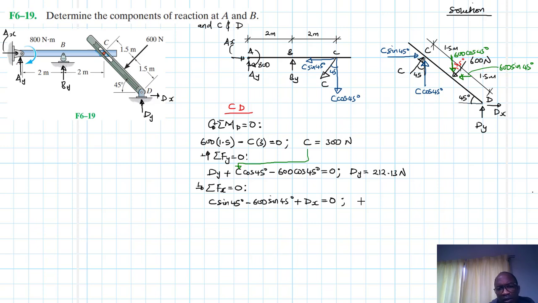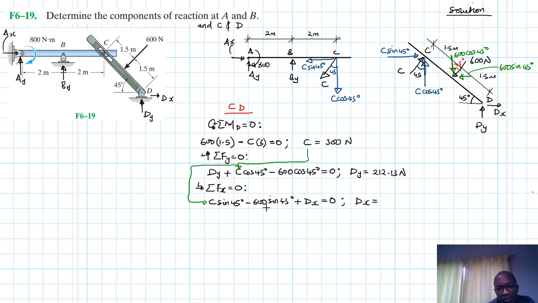Therefore, our dx is just going to be equal to, at this stage we've already found what c is, so let's borrow this c there, and we plug it there.